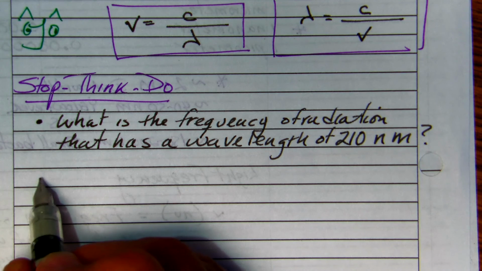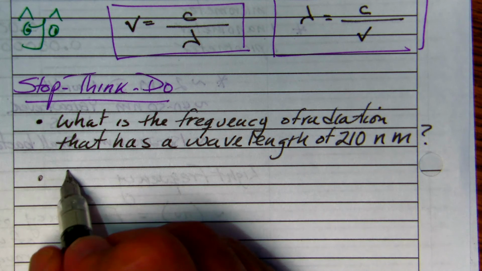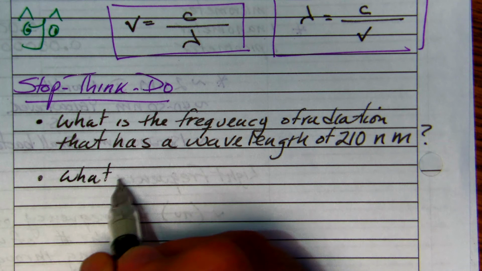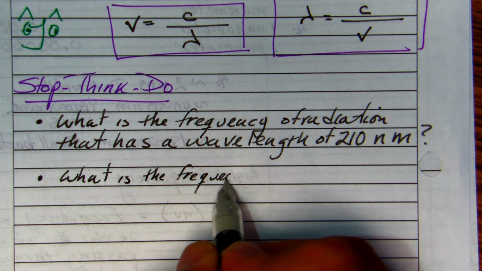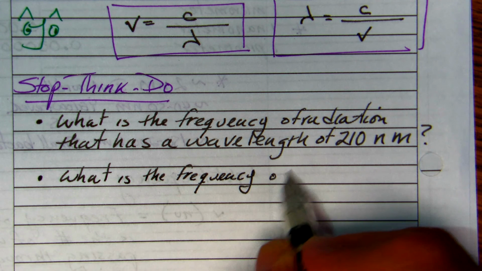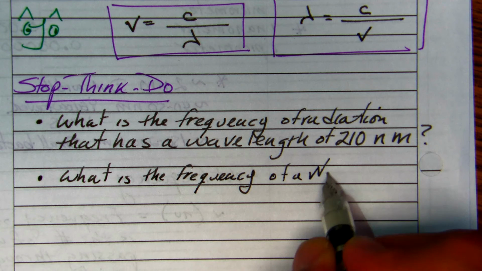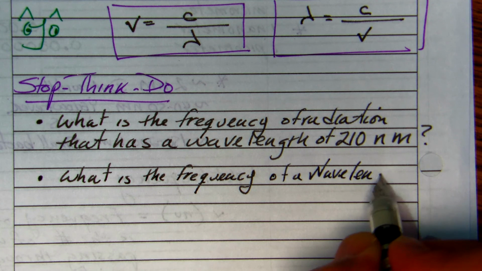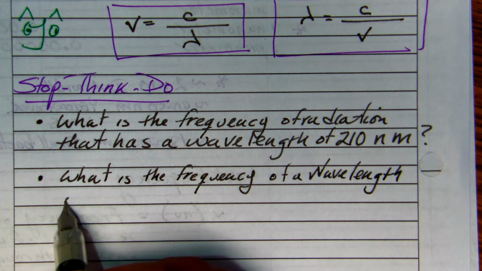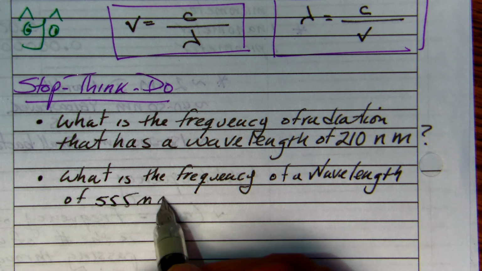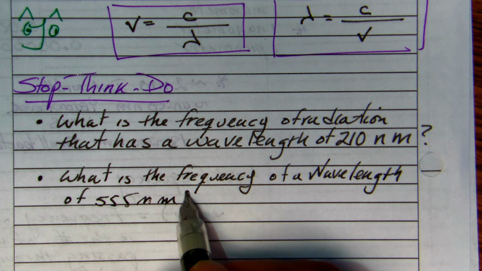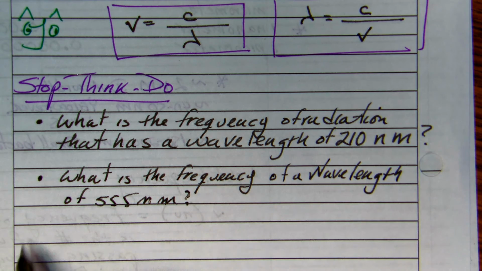Now, I'm going to give you three. The next one is, what is the frequency of a wavelength of 555 nanometers? And the last one, a little bit of the reverse, a little bit different. What is the wavelength of a frequency?